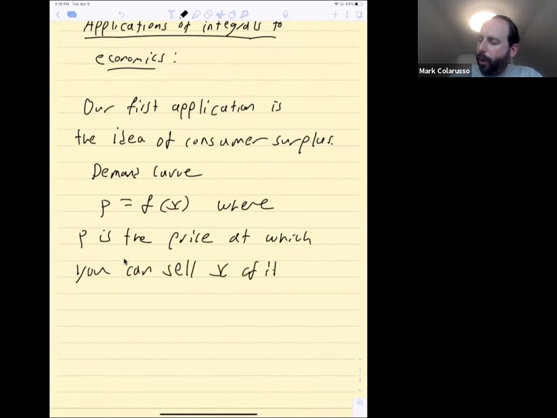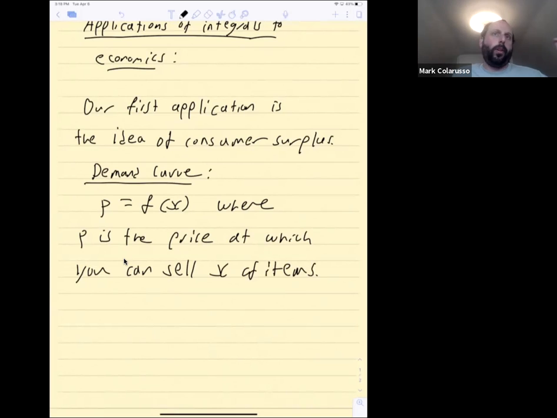This is our third time talking about a demand curve in this class, and we've talked about it in different ways, so it might be a little confusing. This is the way we first talked about it, where we write the price as a function of the items you can sell at that price.